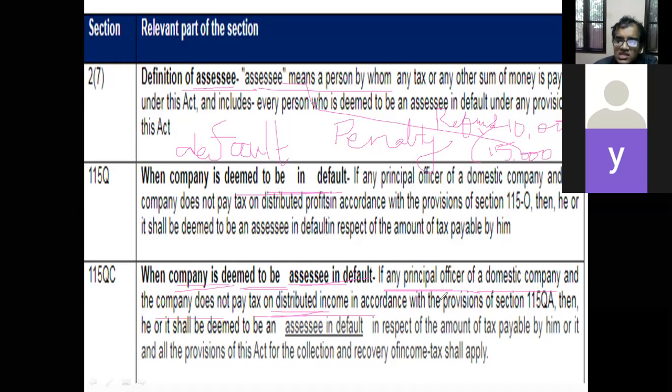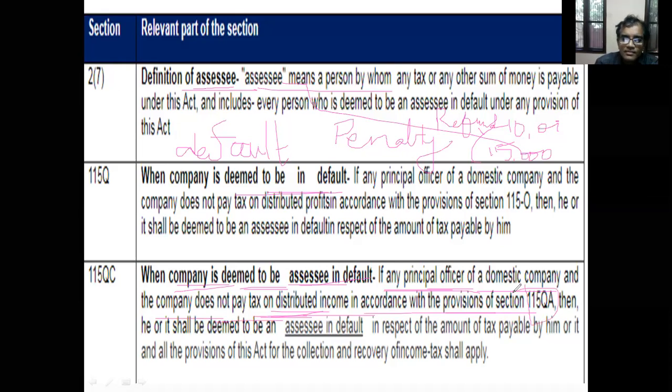So the principal officer who is responsible in a company, who does not pay tax on distributed income in accordance with the provisions of section 115QA, is deemed to be an assessee in default.